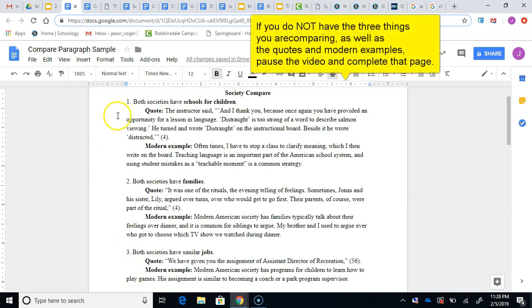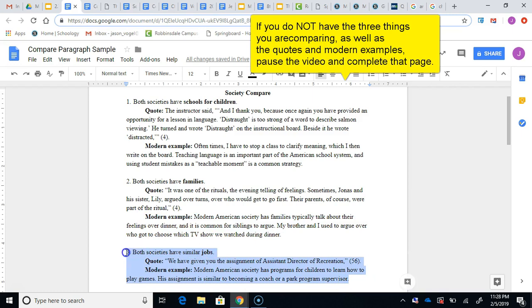You should have 3 different things listed that both the society in your book and modern American society have in common, as well as quotes from the book that show that similarity with the modern American example of what that looks like in our world for all 3 of your features.